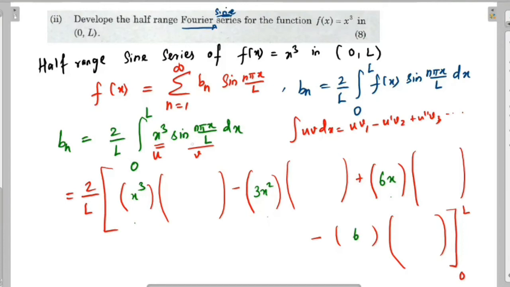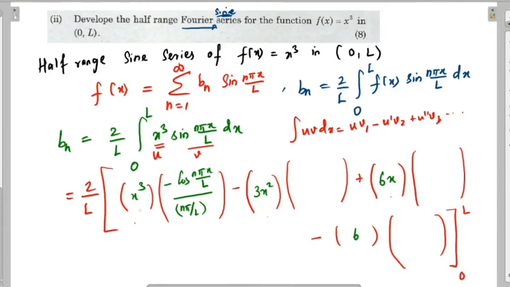Now next, I'm going to take the integration of this term. The integration of this term is −cos(nπx/L) divided by nπ/L. Right? Again you have to integrate.